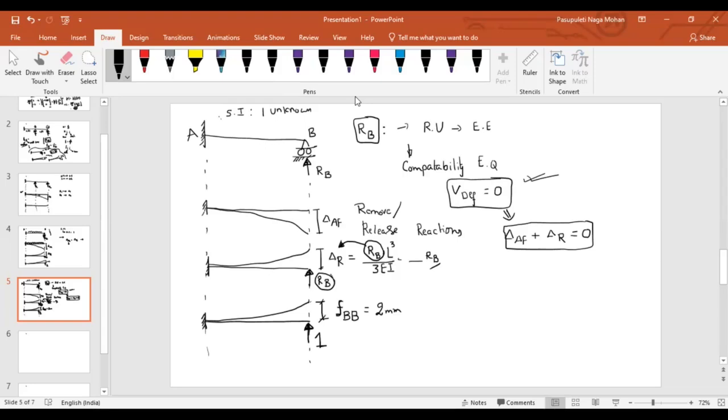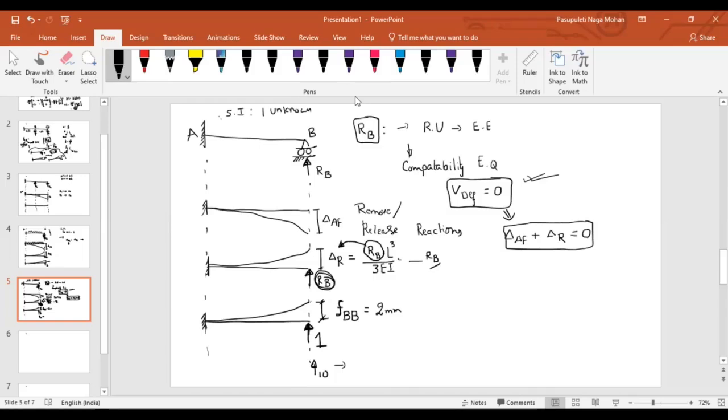If I apply a force of 10 instead of 1, how much deflection is going to happen here? 20 mm. For 1, it is deflected by 2; for 10, 10 into 2, 20. Instead of 10, if I apply a magnitude of RB, how much is it going to deflect?